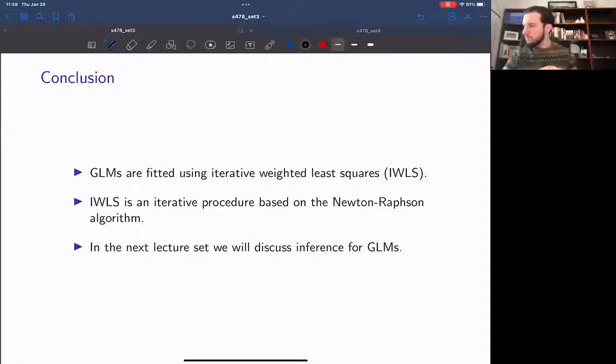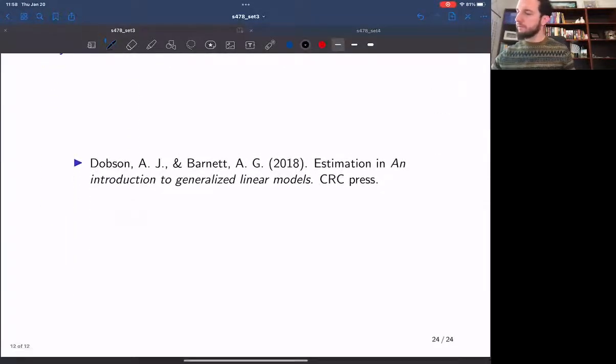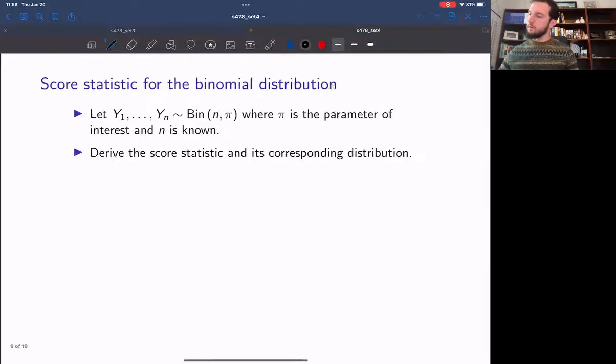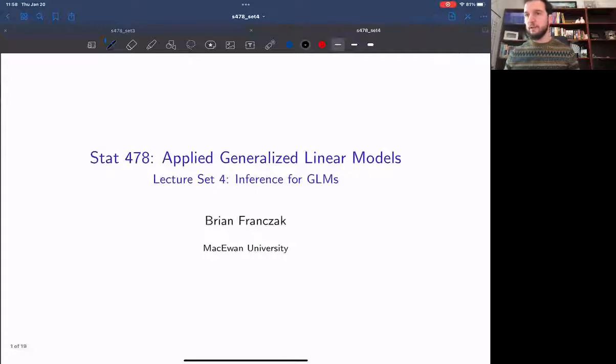Okay, all right, so we're going to move on to lecture set 4. Lecture set number 4 is about inference for our generalized linear models. So far we have talked about the formulation of a generalized linear model: a response variable in canonical form from the exponential family, the definition of a linear component, and the definition of a link function.